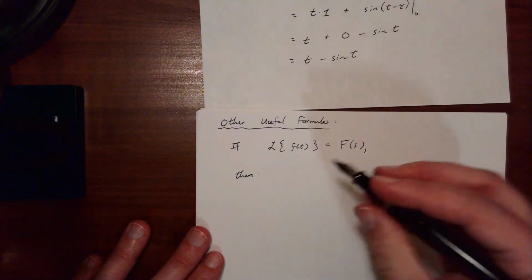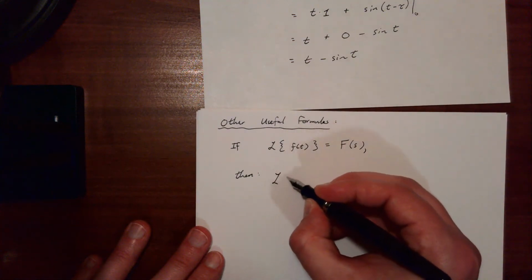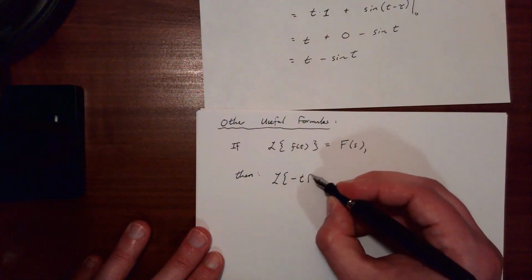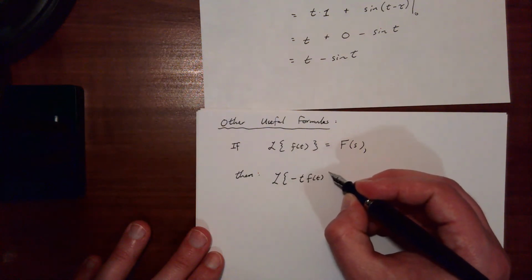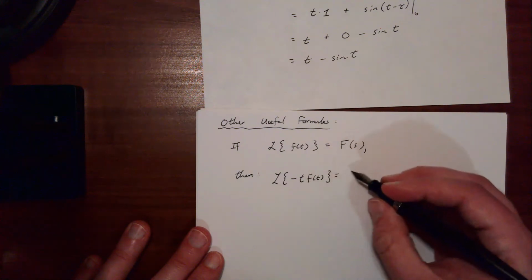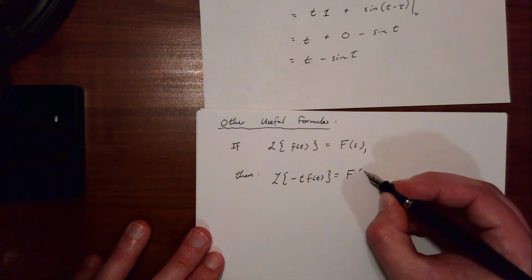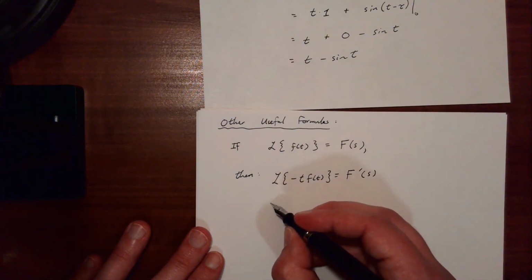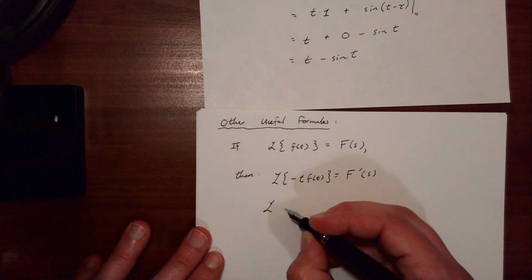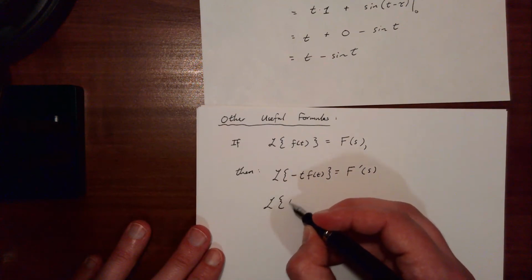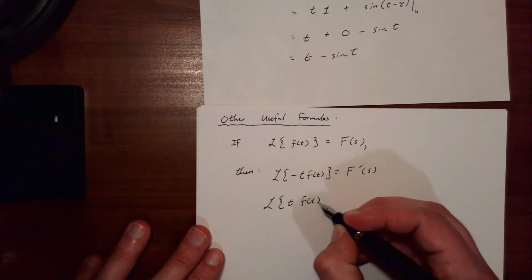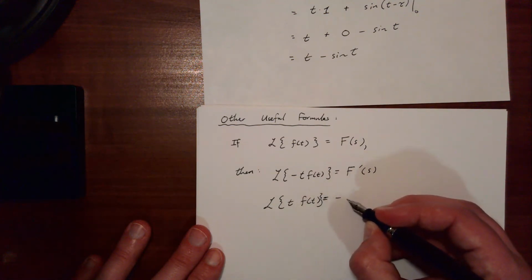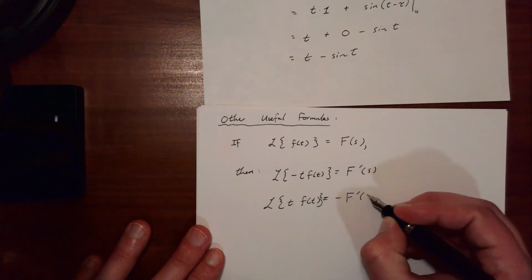here are some facts. The Laplace transform of negative t times f of t is equal to F prime of s. The Laplace transform of just positive t times f of t is then therefore equal to negative F prime of s.